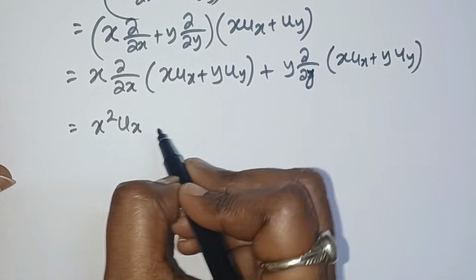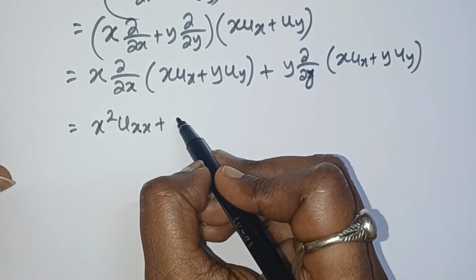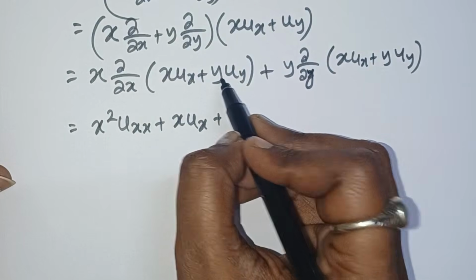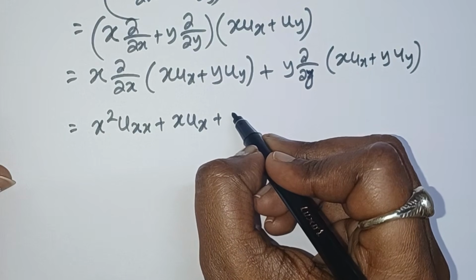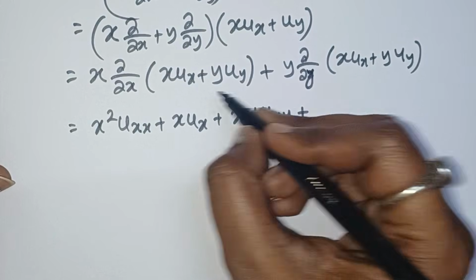Then derive with respect to x, so it will be x square uxx plus, derivation of x with respect to x is 1, so x ux plus, derivation of y with respect to x is 0, hence xy uxy plus.